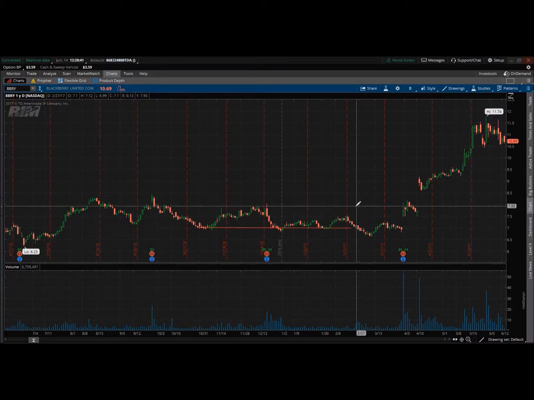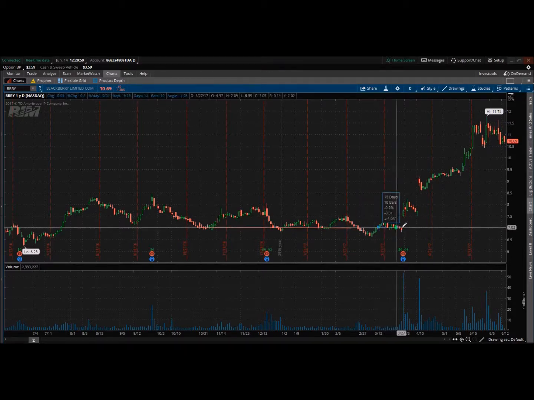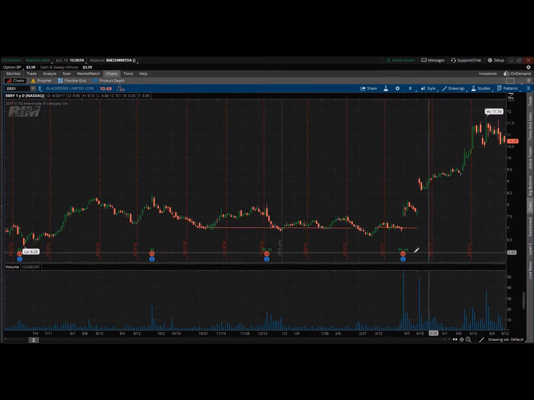It holds 4 times before it gets broken, and we see a downtrend before quickly returning back to the $7 area and consolidating here. Then we have the support form here on the gap up.